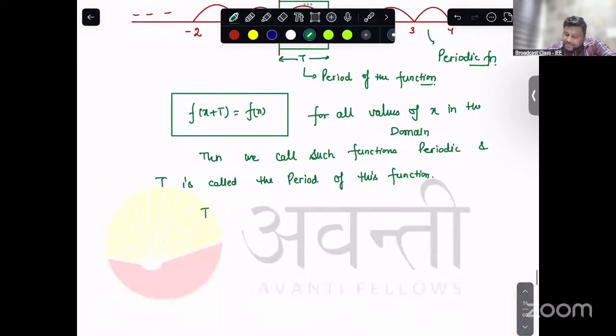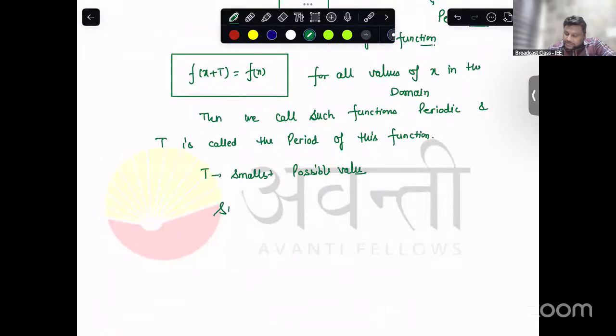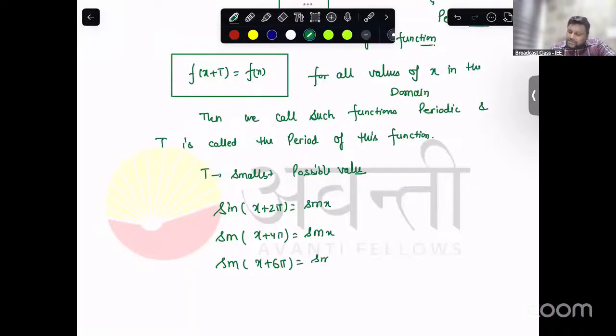Generally, this t is the smallest possible value. Why do I call it the smallest possible value? Sine of x plus 2 pi is sine x. Similarly, sine of x plus 4 pi is also sine x, and sine of x plus 6 pi is also sine x. But we cannot call every 2 pi, 4 pi, 6 pi a period.